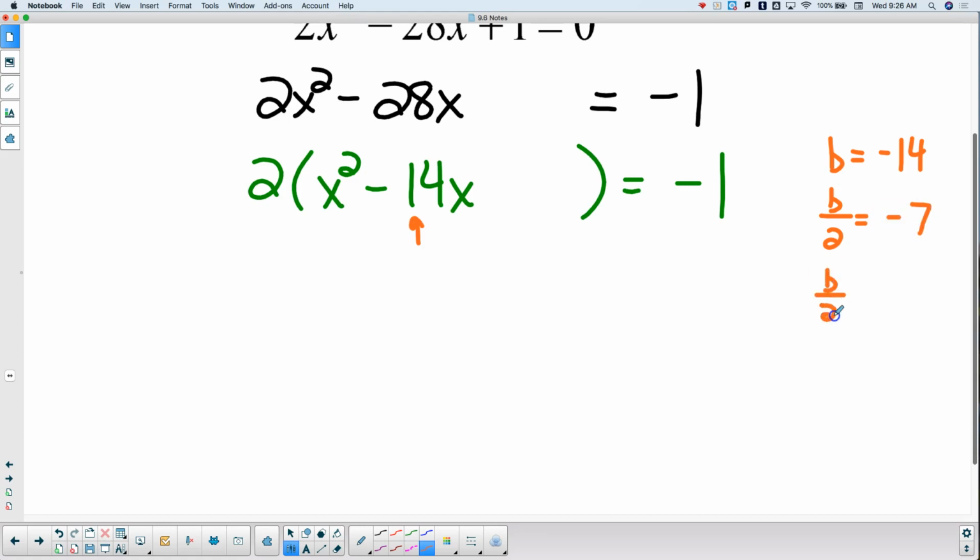B divided by 2 quantity squared is 49. Okay? So now what? To both sides, right? Okay? So where do I put the 49 on the left side? After the 14x. So I'm adding 49 here. Agree?